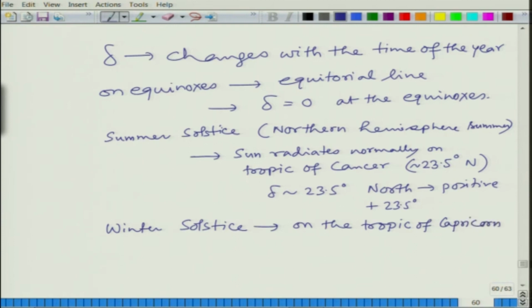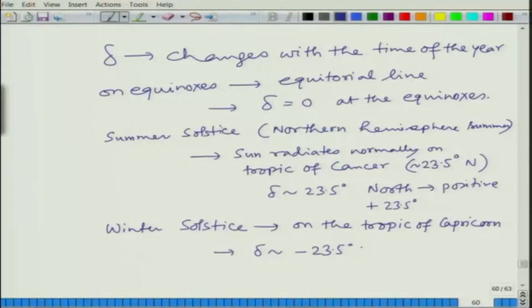So, that means delta will be negative 23.5 degrees, because if we call north positive, south will be negative. So, that is how the declination angle will change throughout the year. This we get just from the intuitive picture that we obtained from the definition of declination angle and the earth's revolution around the sun.